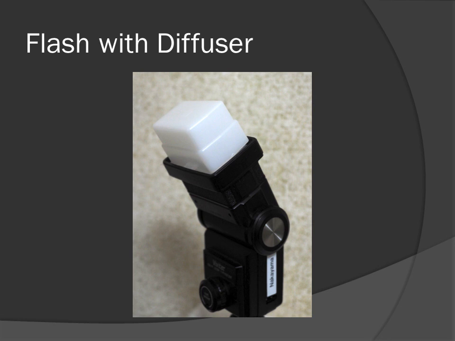So it diffuses the light going forward as well as to the side. So this flash, as it's currently set up, will send a diffused light to the ceiling, but it'll also send diffused light to the walls around the camera, and it'll reflect off of the walls.